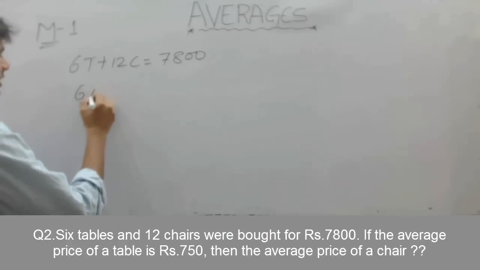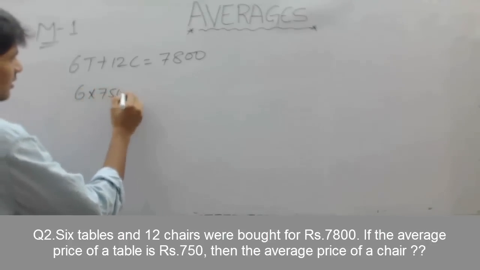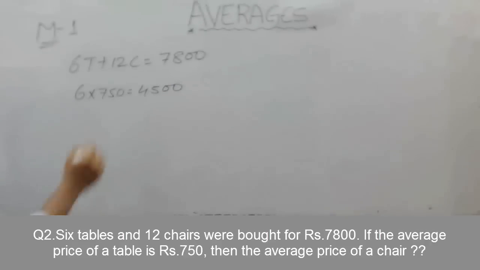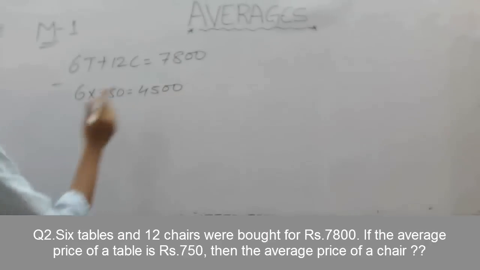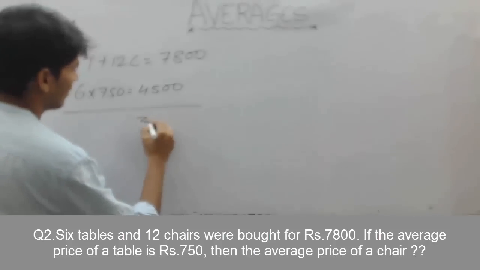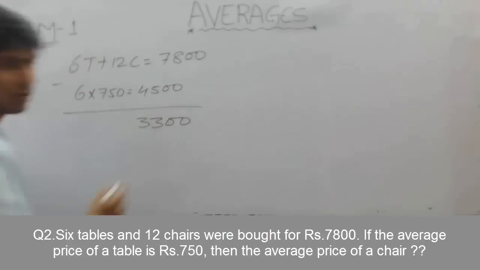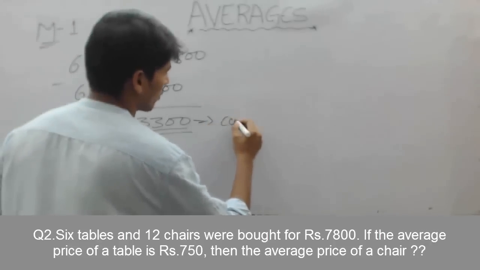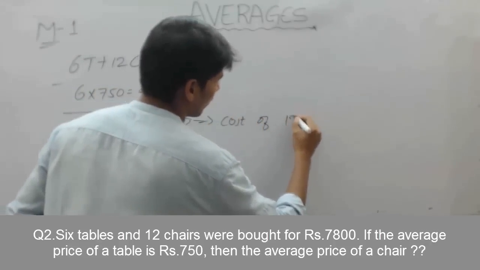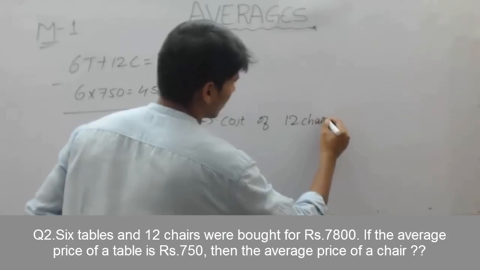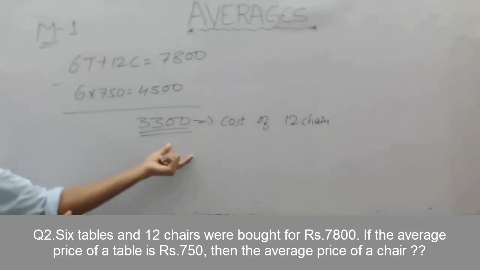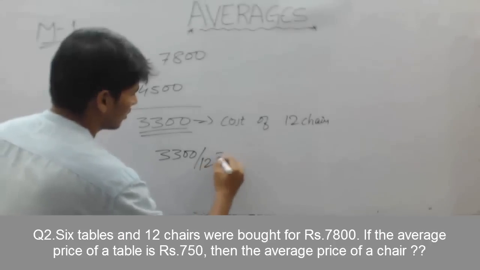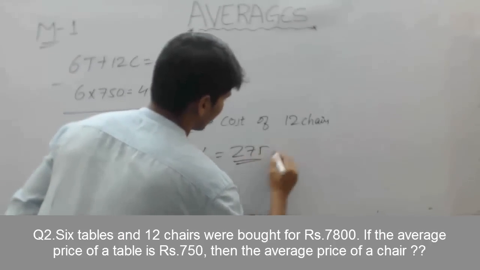That means the cost of 6 tables is 4,500. Now if you deduct this amount from the total, you are going to get 3,300. This amount is equal to the cost of 12 chairs. Now how to find the average of these 12 chairs? Total sum divided by 12, that is equal to 275.